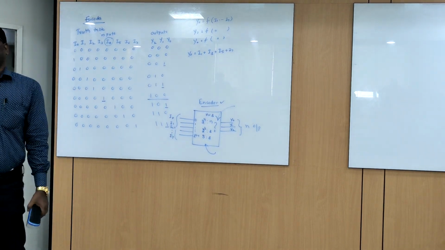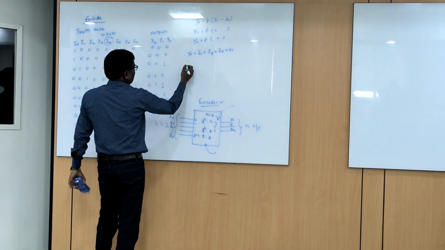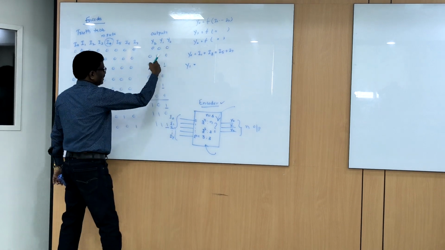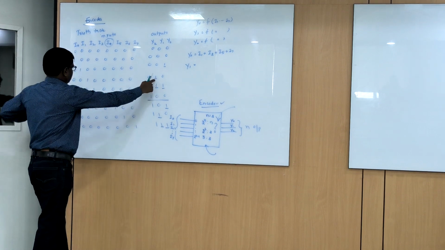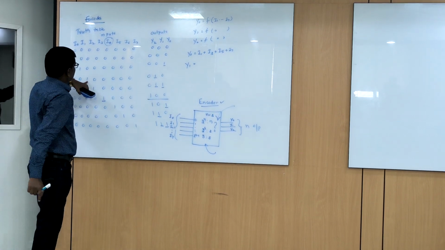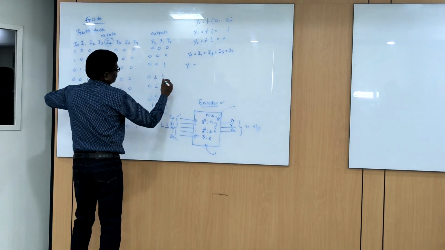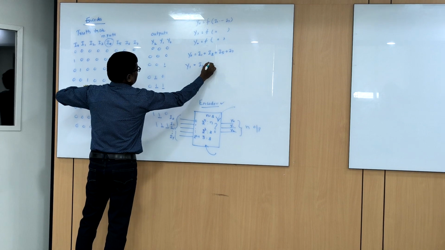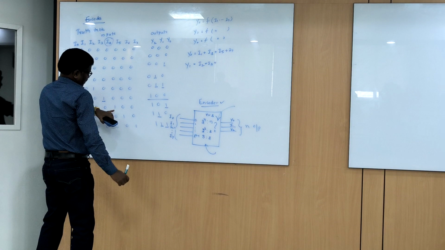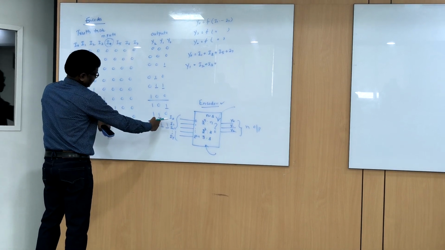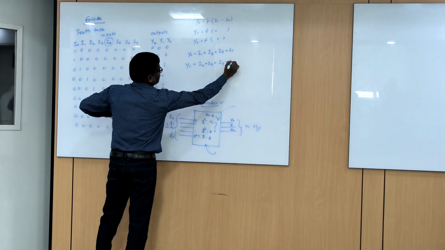Just ORing I1, I3, I5 and I7 gives Y0. What about Y1? Y1 is 1 here, here, here and here. It is I2 plus I3 plus I6 plus I7.